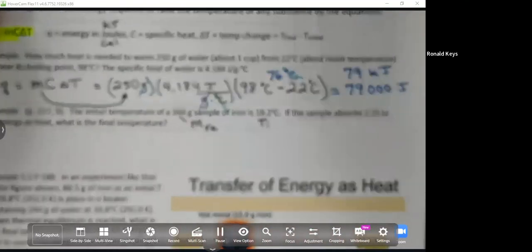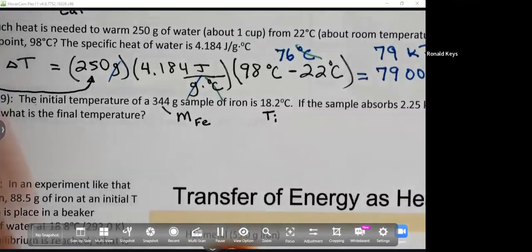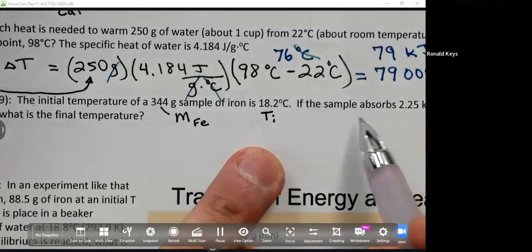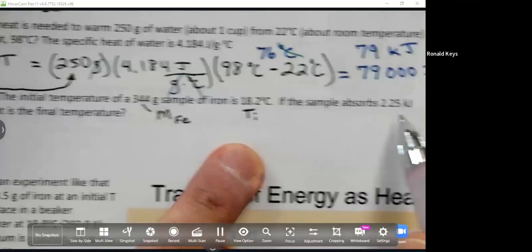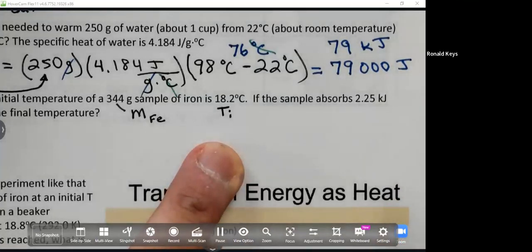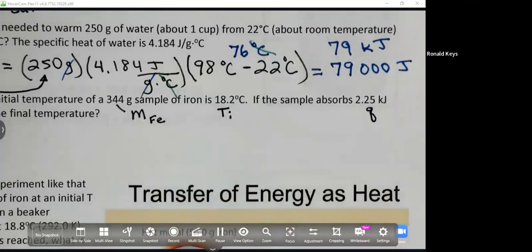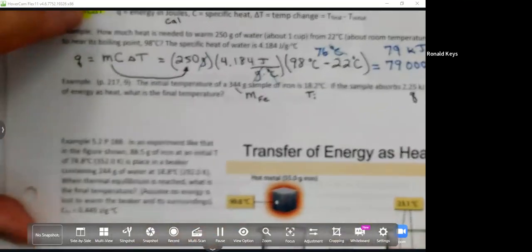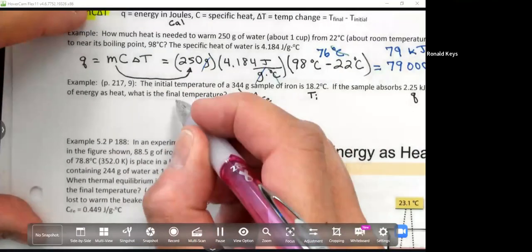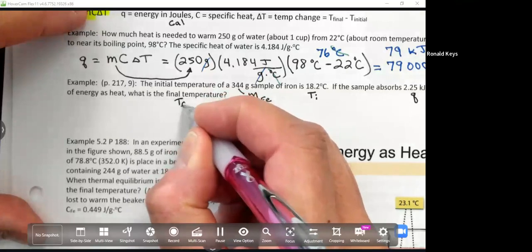I'm just trying to identify things as I read this problem. The sample absorbs 2.25 kilojoules, so this is Q for energy. And we want to know what the final temperature is going to be. We're looking for T final.